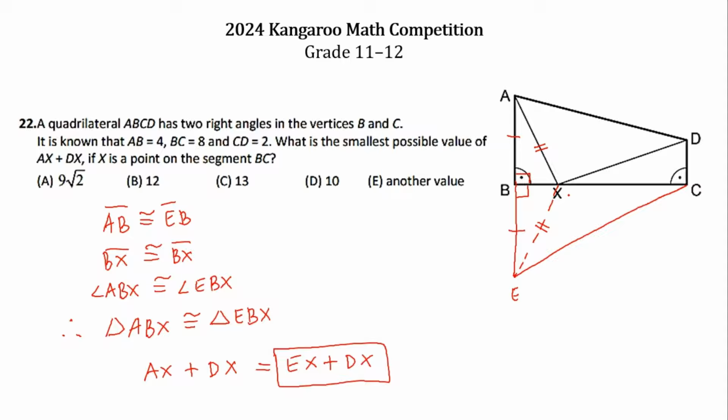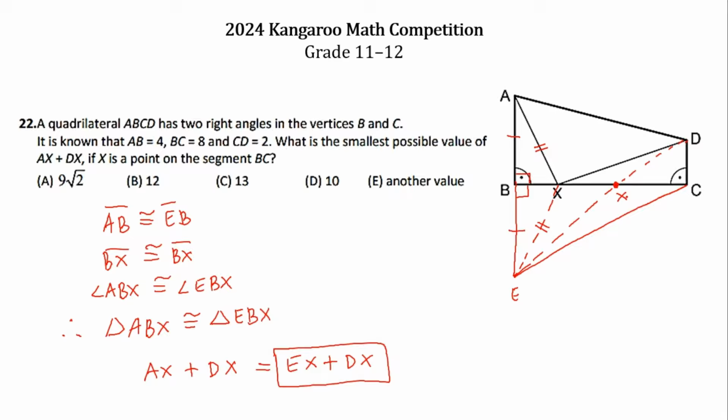Why? Because if you can recall, point X is only an arbitrary point on BX. So we can choose X to lie on the segment connecting points E and D, right? Because it gives us the minimum distance between E and D, right? So if we connect E and D, we get this segment, and we can just say that this is point X. Okay?